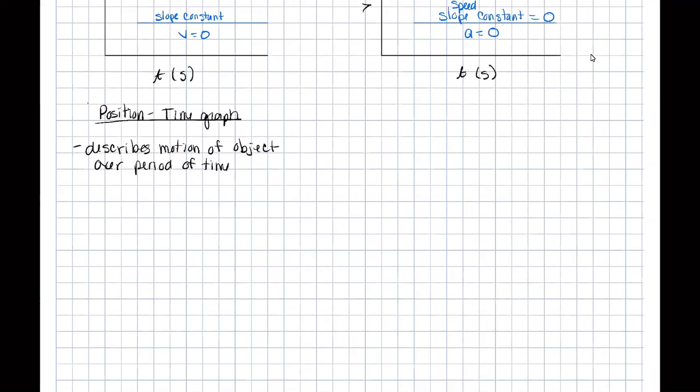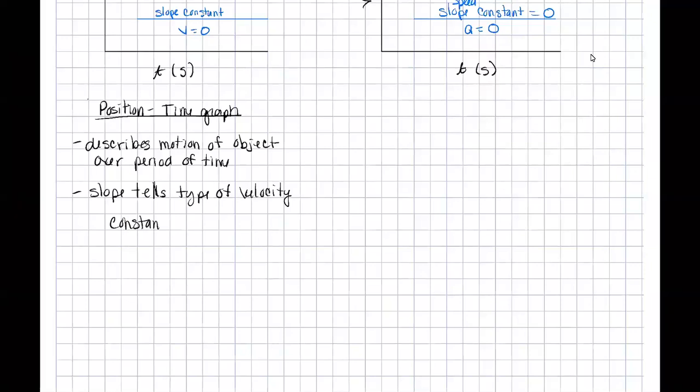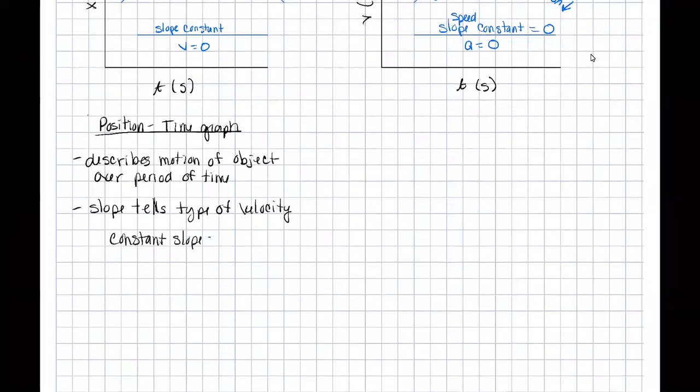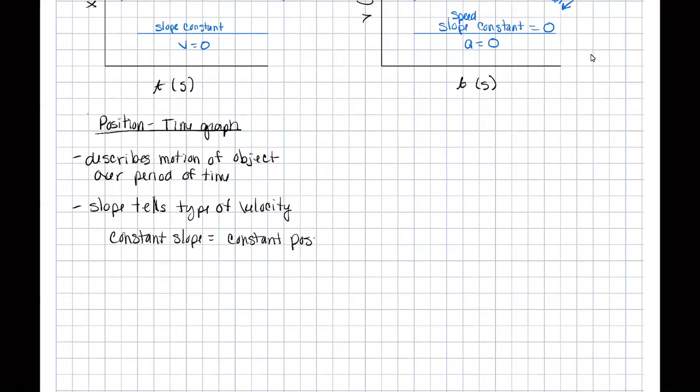Okay, and the slope will tell you the type of velocity. If you have a constant slope, you have a constant position and 0 velocity.